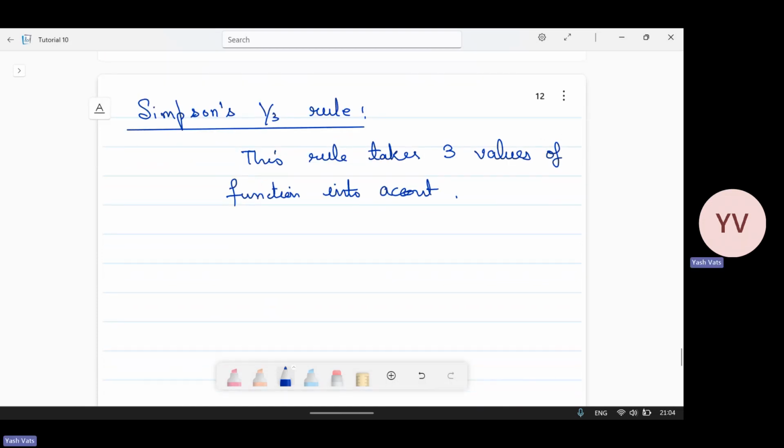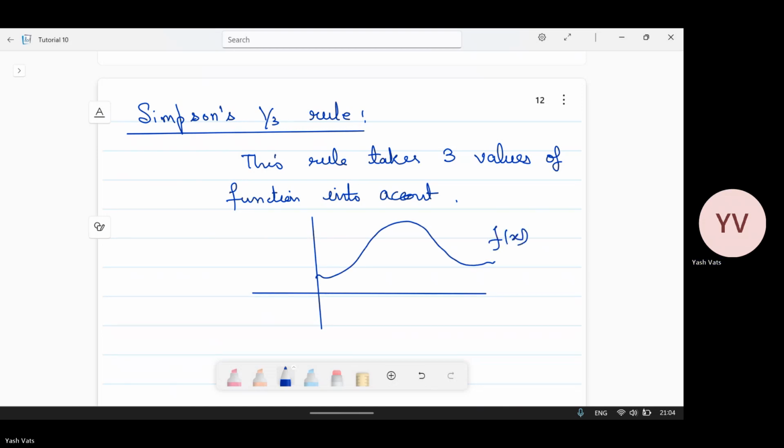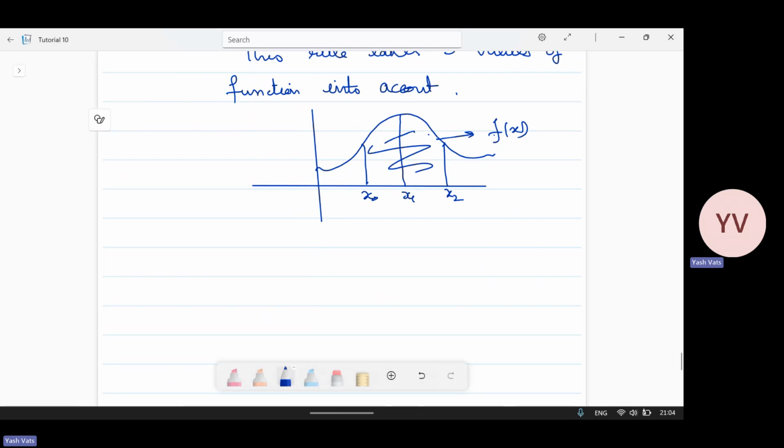In the earlier case, this is your function f(x), and then you have these values, say x0, x1, x2.